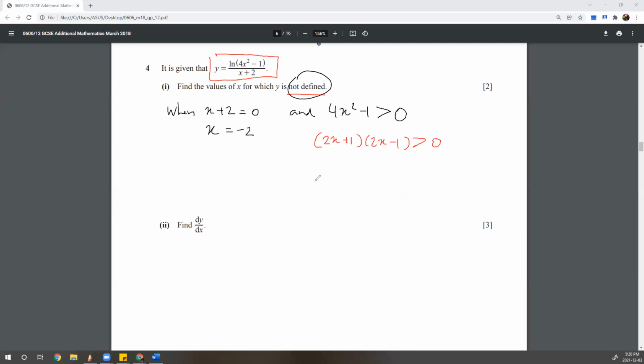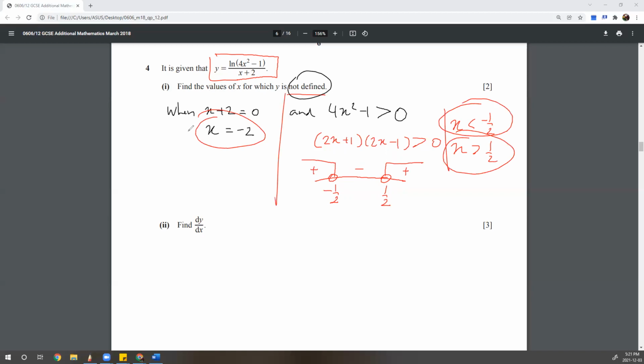So we have negative half on the 0 marker, or the intercept, and this is half, and it has to be plus minus plus, right? And it has to be either less than negative half or more than half. I don't know whether you learned this or not, but I just give you the answer.